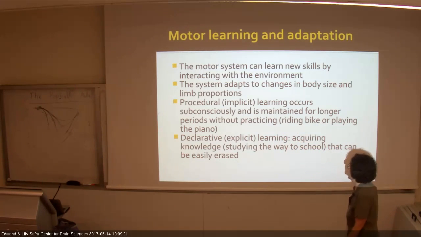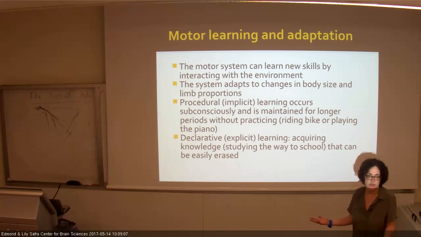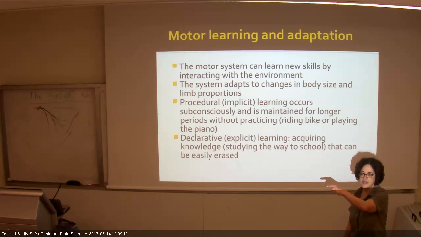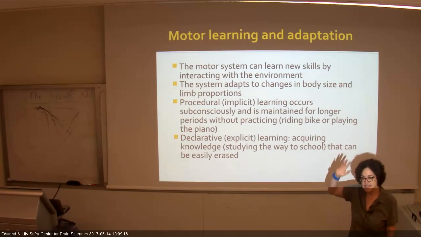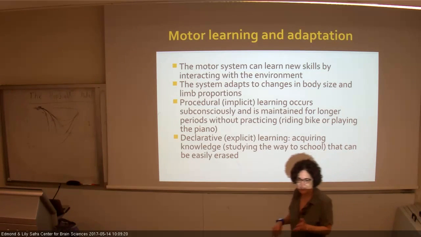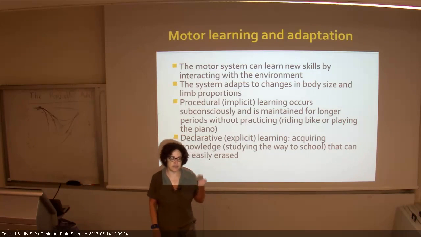On the other hand, there is declarative or explicit learning, and that is sort of acquiring knowledge. If I tell you, okay, the cafeteria is, you have to go out of this building, turn right, and go all the way straight, and maybe you'll find something, and maybe you won't, but you actually learn a map.